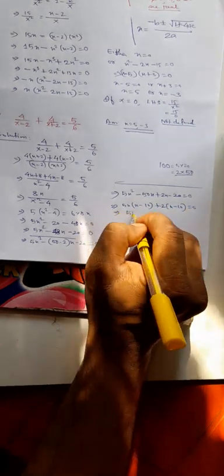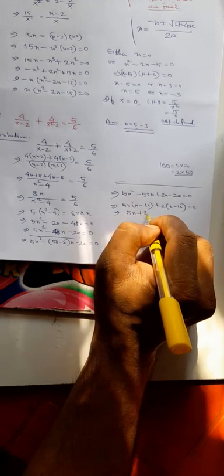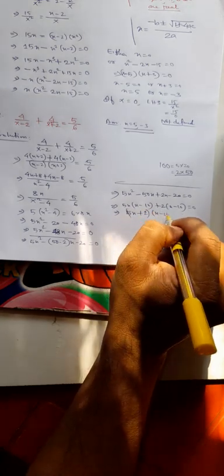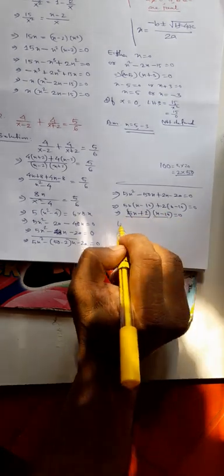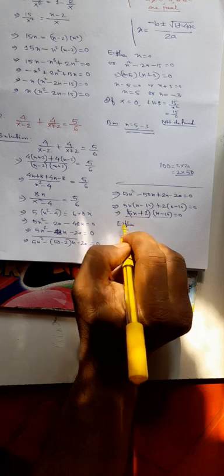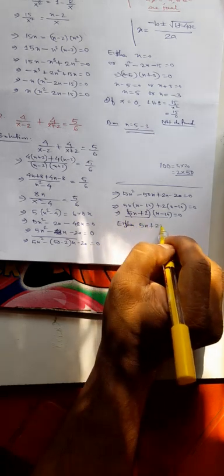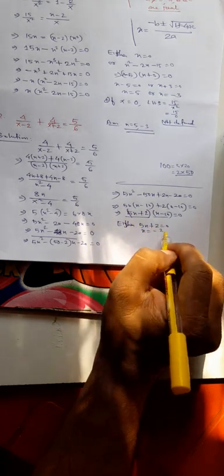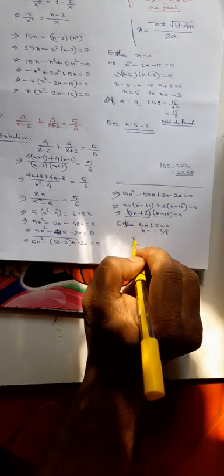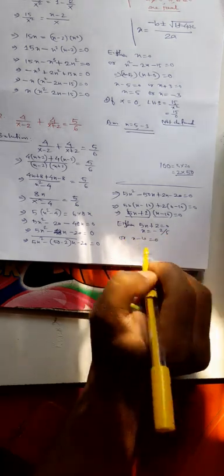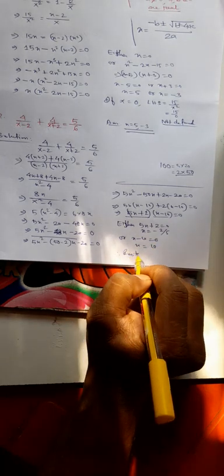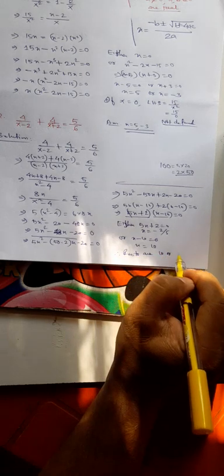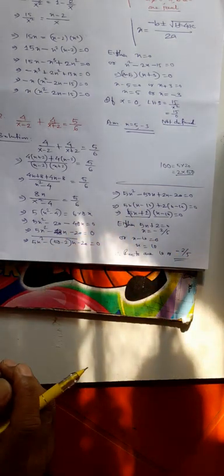This implies 5x plus 2 into x minus 10 equal to 0. Now you see product of two polynomials equal to 0. So either 5x plus 2 equal to 0, that means x equal to minus 2 by 5, or x minus 10 equal to 0, this means x equal to 10. Therefore roots are 10 or minus 2 by 5. These are the roots of this equation, right?